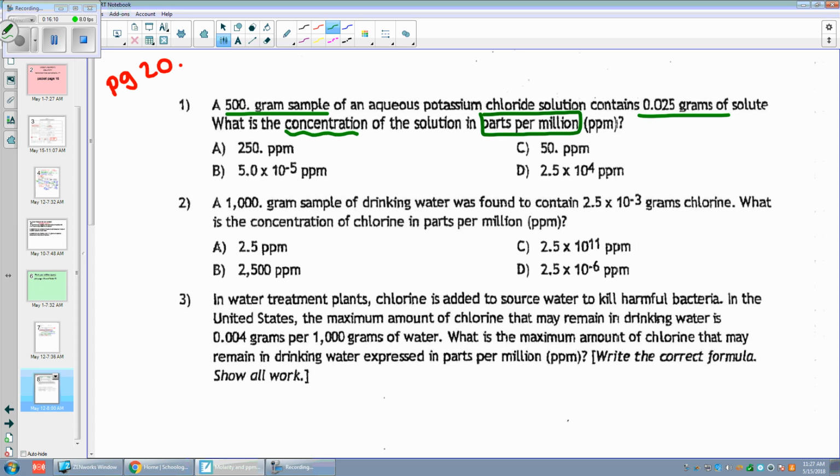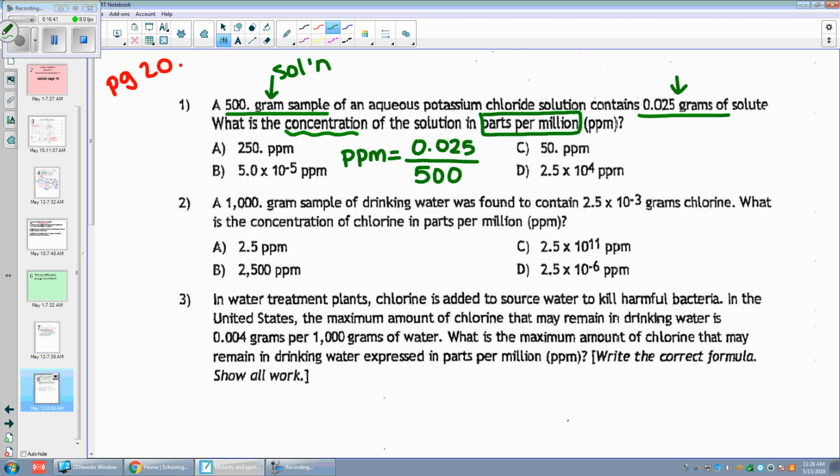So I go to my reference table and I say, okay, what's the equation? It is mass of the solute over mass of the solvent. So I'll do my work right here. ppm equals, my mass of solute was right here, 0.025 divided by my mass of the solution. Well, theirs must be my whole solution because that's the bigger number.